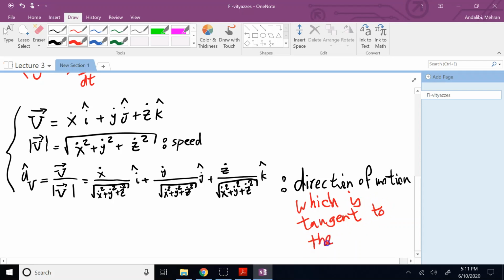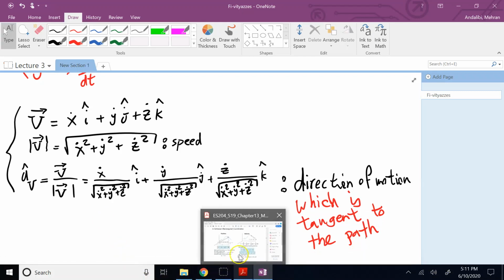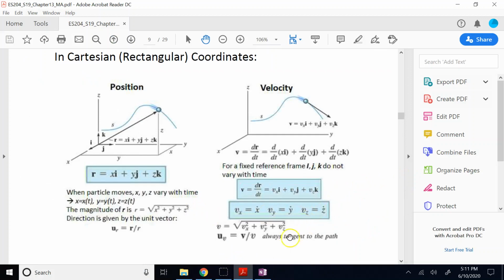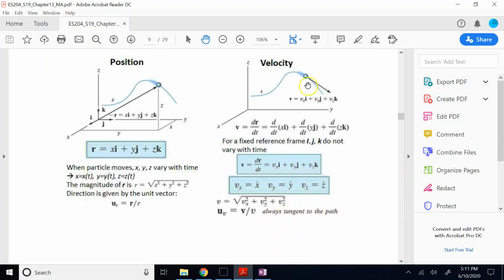Tangent to the path, okay? So if you want to find the direction of tangent to the path at any point, just use u of v. That is very, very important.